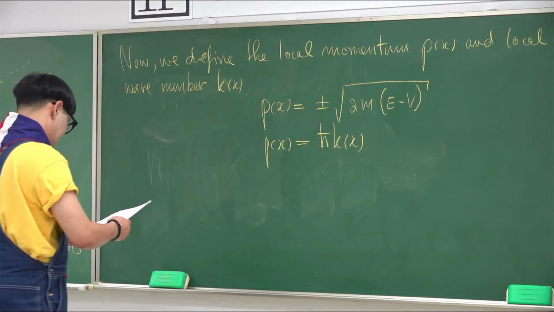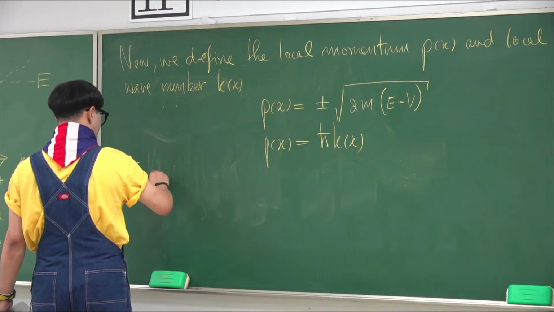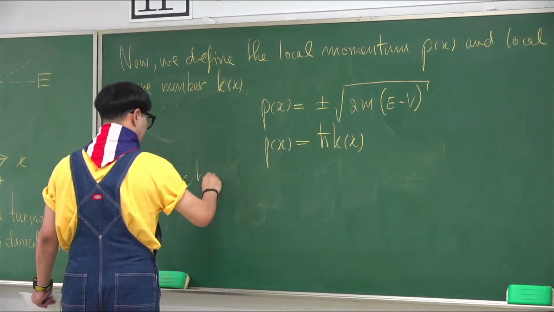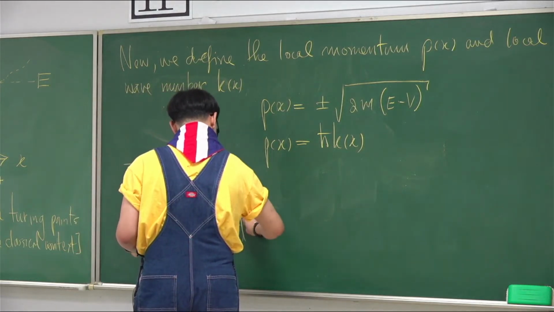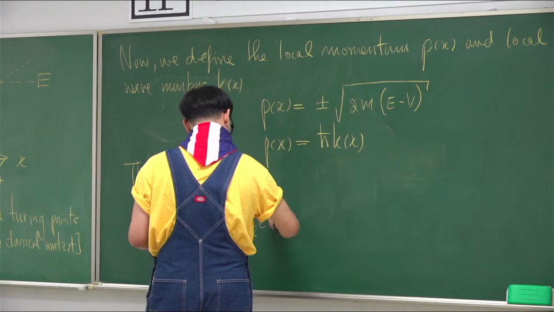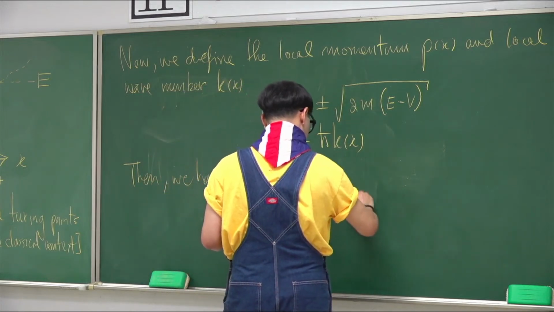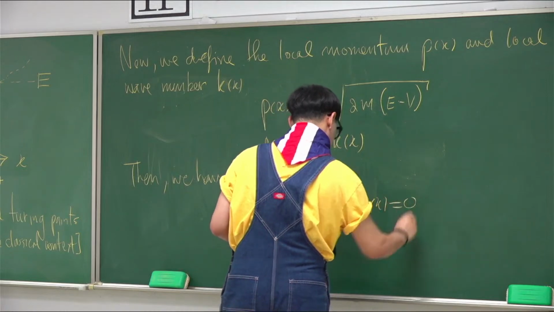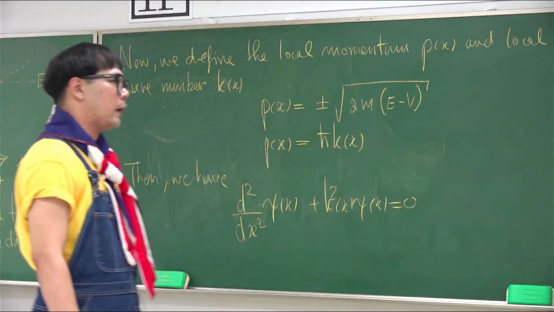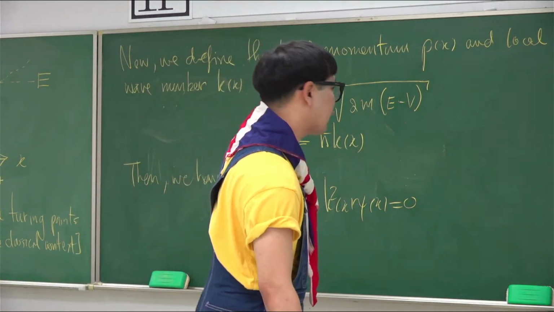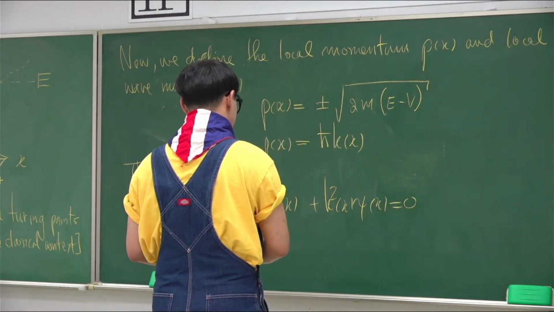And then what we have is that now your Schrodinger equation can be put in this form, because this is very basic.